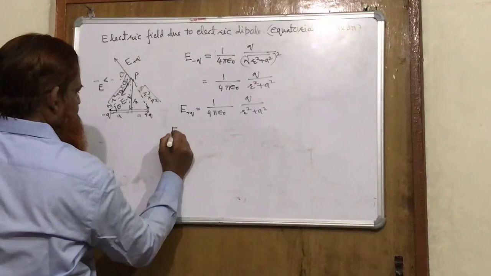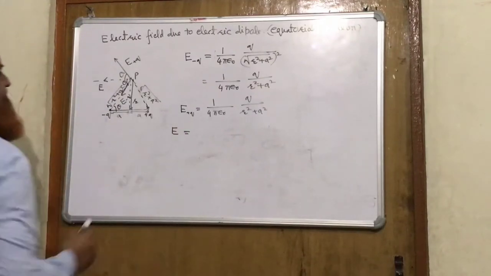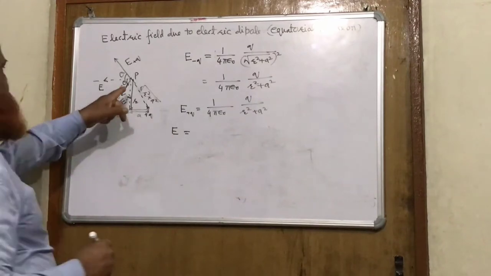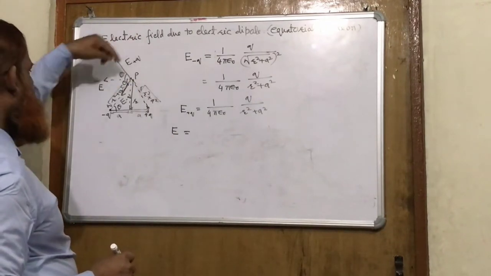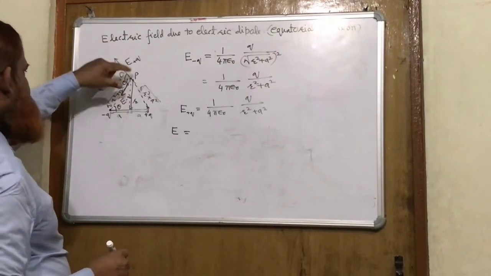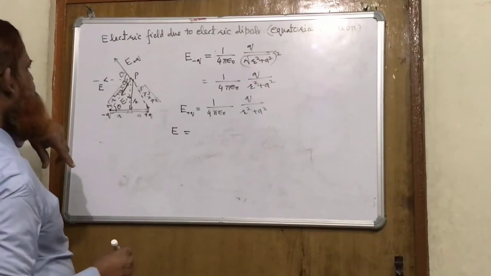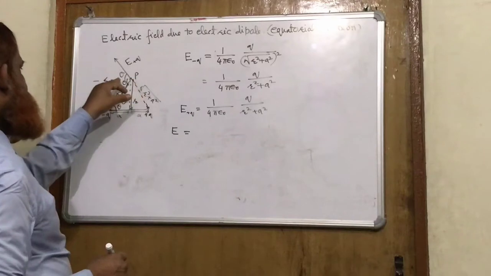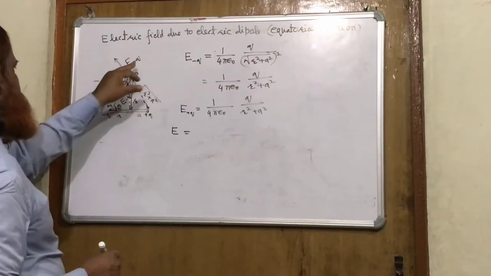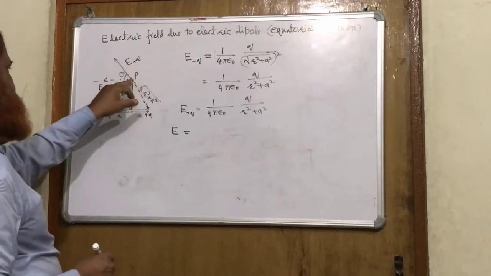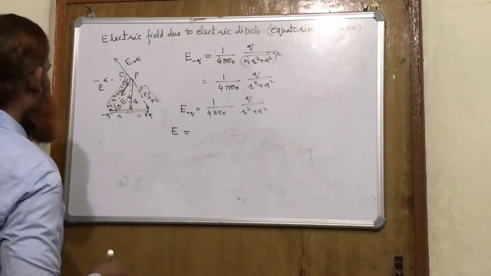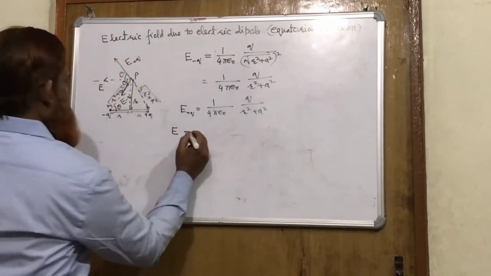If we resolve E minus Q and E plus Q, the E plus Q sin theta and E minus Q sin theta will be equal and opposite. They will cancel each other, and E plus Q cos theta, due to plus Q charge, and E minus Q cos theta, due to minus Q charge, will be in the same direction.